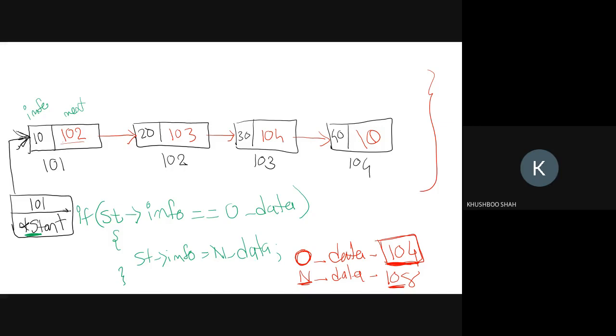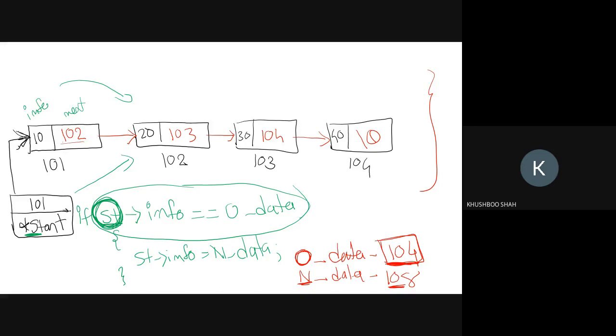But what if this condition is false? In that case, we need to go to the next node, and for that we need to write the code. Every time you need this st, it will get changed. This is about st, the first node, but I cannot say that my st will point to this.